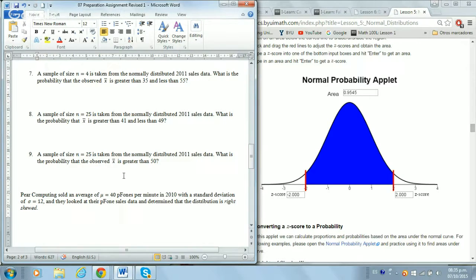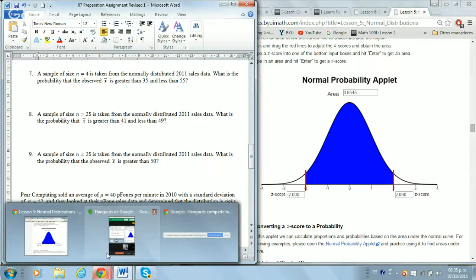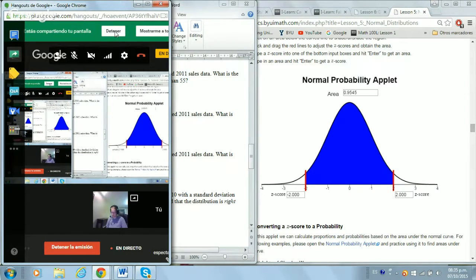For question number 8, you have to do the same, right? Right. Okay.